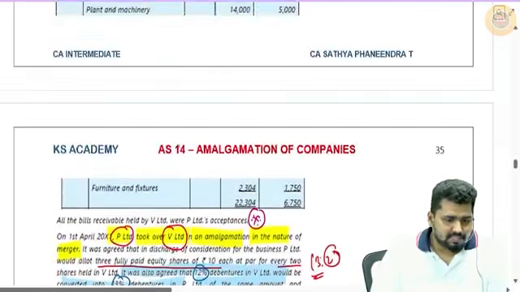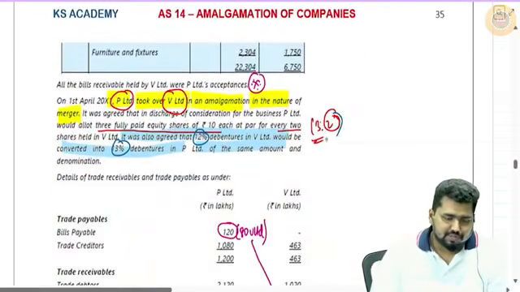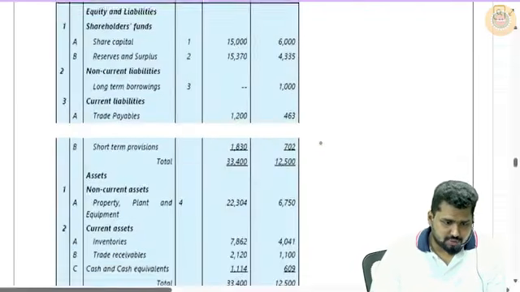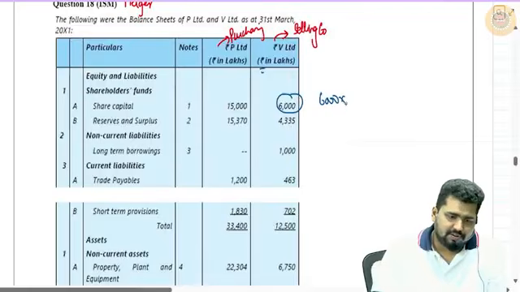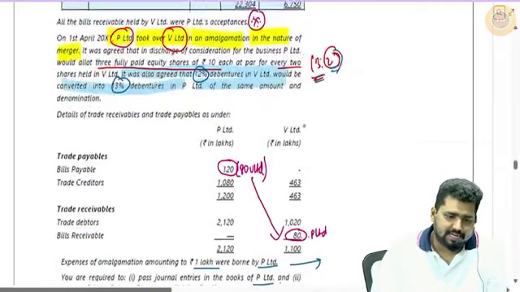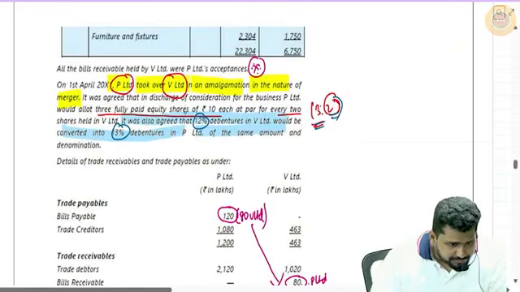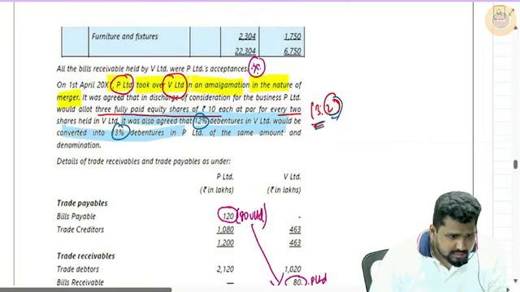First we will calculate what? PC. My question is, what is the PC calculation? We are issuing only what? Equity shares to the equity shareholders. In what ratio? For every 2 shares, 3 shares are issued. How many shares are there in V Limited? Totally 6,000 lakhs in value. So for every 2, we are going to give 3. Correct? We would allot 3 shares.